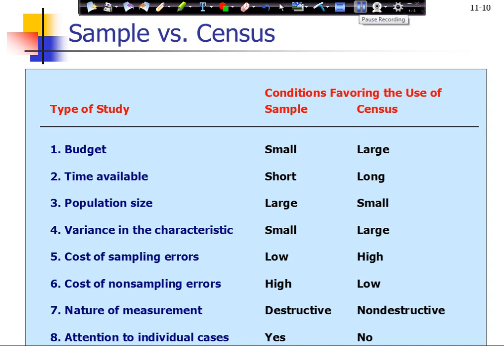So whenever we feel there are not many differences in characteristics of population and sample, we must prefer sampling to collect information. Or wherever we feel there are huge differences in the characteristics of sample and its population, we must prefer to collect information from a census.